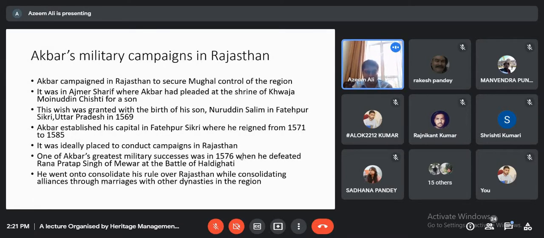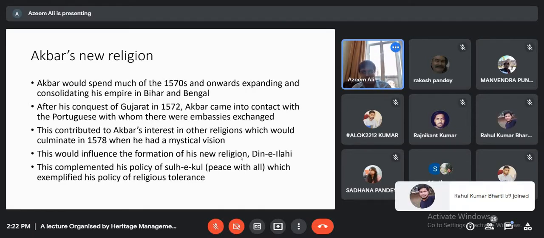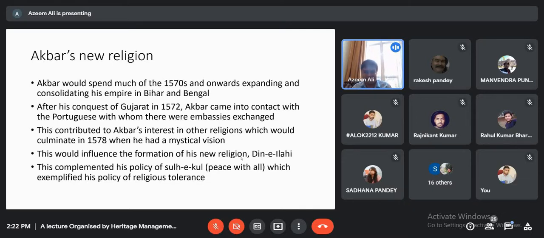And Akbar also would spend much of the 1570s and onwards expanding and consolidating his empire into Bihar and Bengal. And after his conquest of Gujarat in 1572, Akbar came into contact with the Portuguese, with whom embassies were exchanged. And among these embassies, Akbar came in contact with Catholicism, and this contributed to Akbar's interest in other religions, which he's famous for.